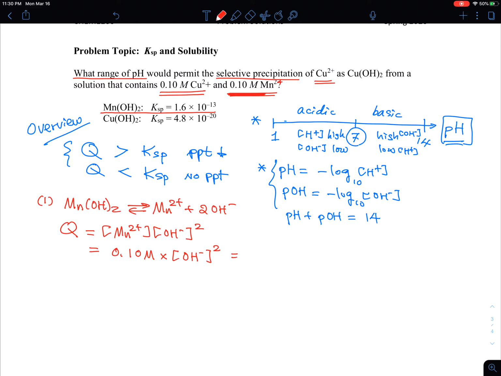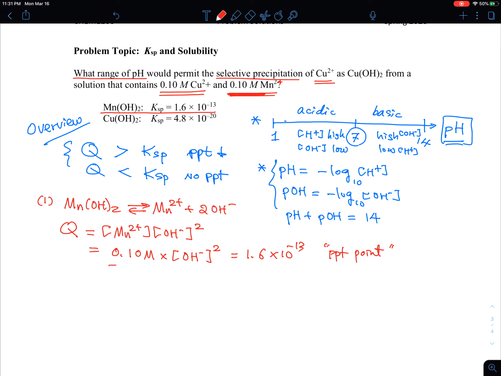This is when Q becomes the same as Ksp, which is 1.6 times 10 to the minus 13. That's the precipitation point, and we can establish the ranges a little bit later.